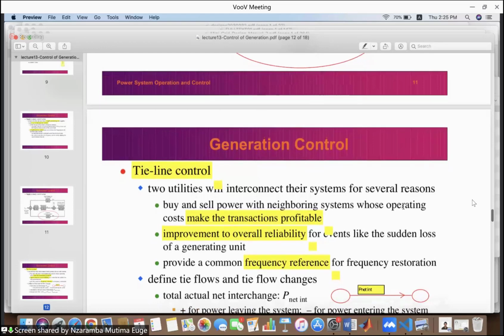Two utilities interconnect their systems for several reasons: to buy and sell power with neighboring systems whose operating costs make the transaction profitable, to improve overall reliability for events like a sudden loss of a generating unit, and to provide a common frequency reference for frequency restoration.